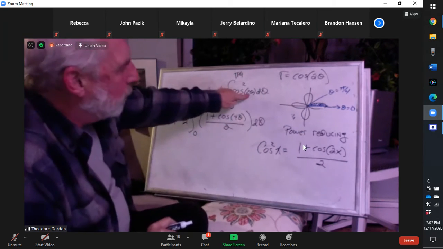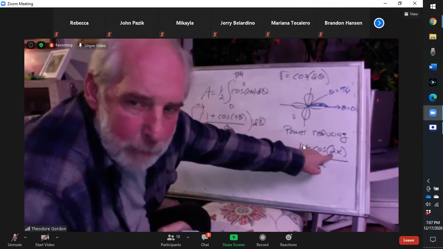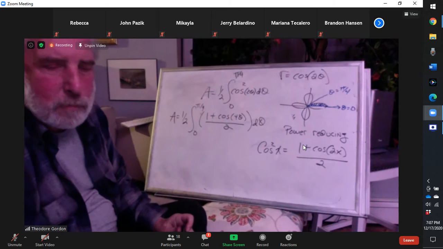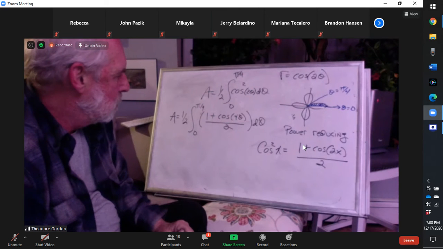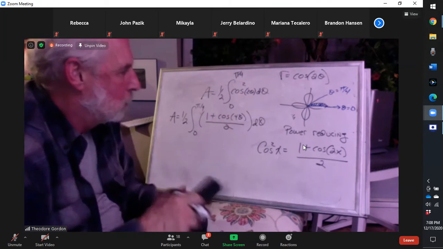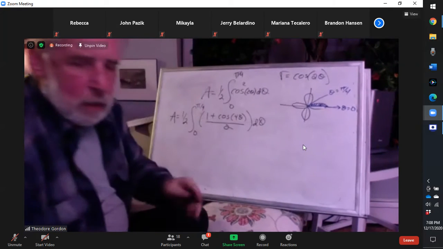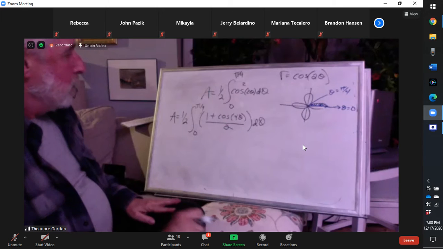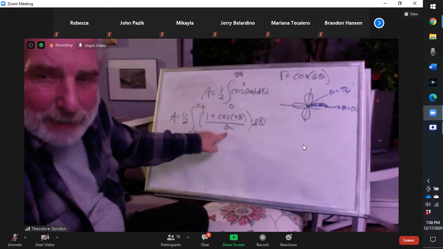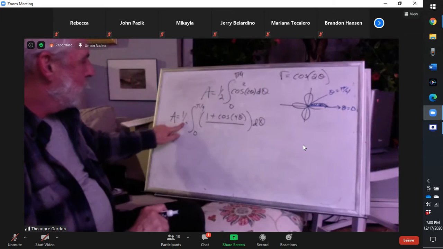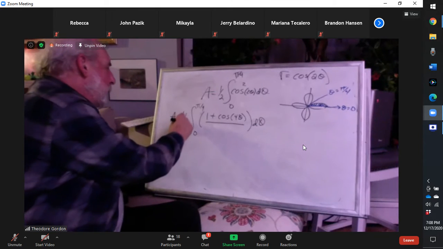So this is 2 theta. The formula says to double it. That gives me 4 theta right there. Now, this 2 is just a constant, so I'm going to take the 2 out and put it over here. That gives me a 4.